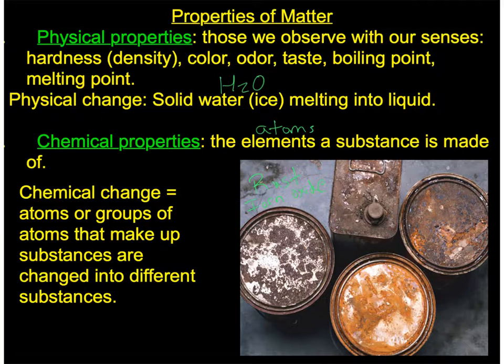What happens is we have this iron can, which is Fe, and usually in the presence of water and our oxygen atmosphere, it rusts and it forms a new compound called iron oxide. Iron, the iron atom, and oxygen. And we get this iron oxide. Notice it has very different physical properties from the iron can. It's not as smooth, right? It's more rough looking. It's a different color. And it's because it's a different thing.